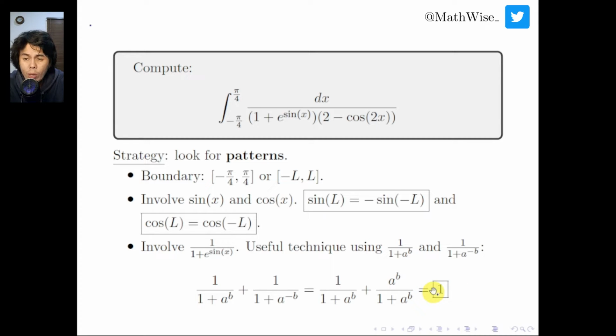So we need to find a way to use this addition. In other words, we also need 1 over 1 plus e to the power of minus sine x. But as you can see here, we might want to relate to this pattern right here. Okay, so these are all important.